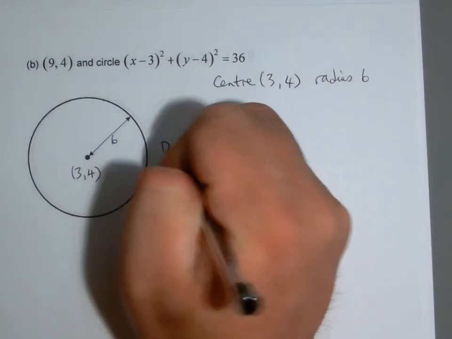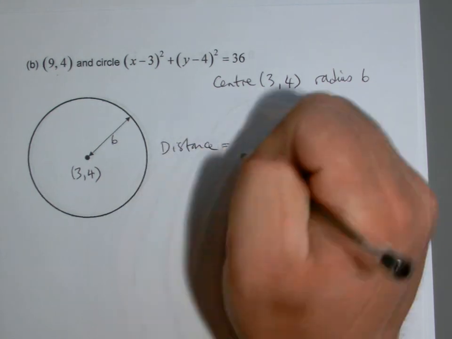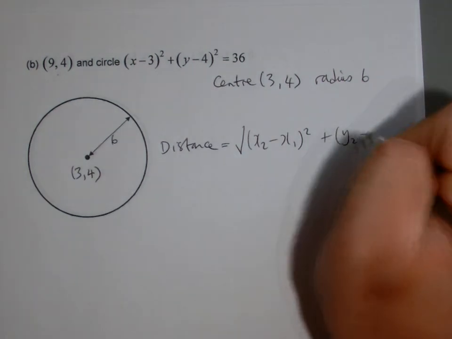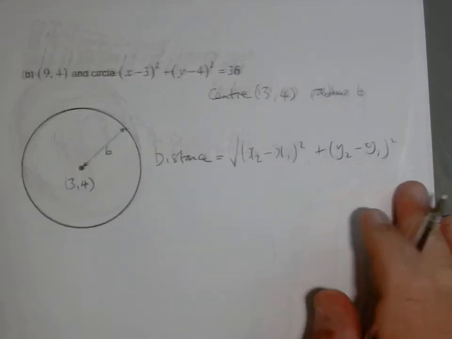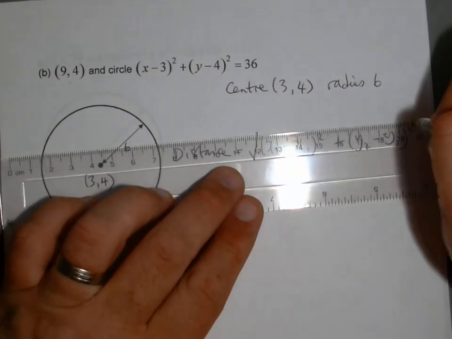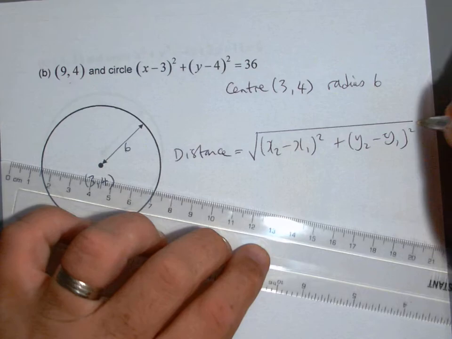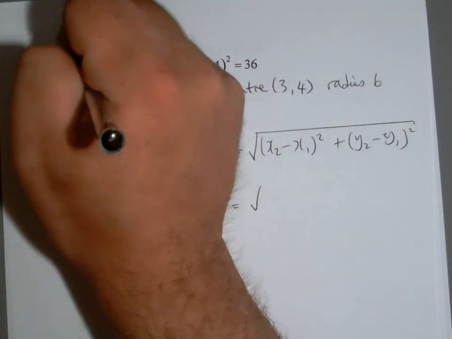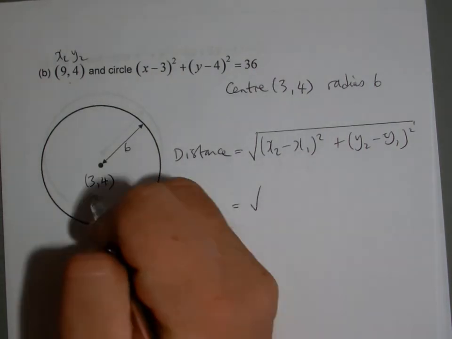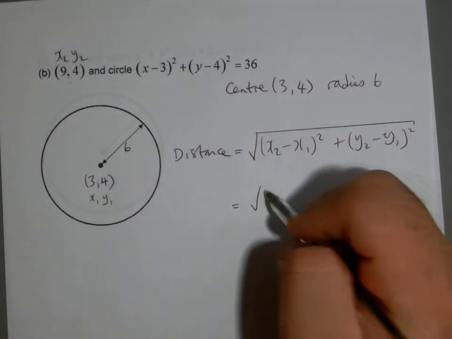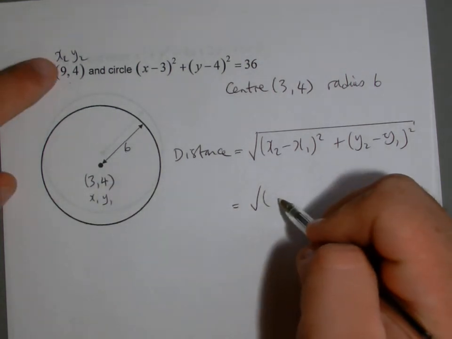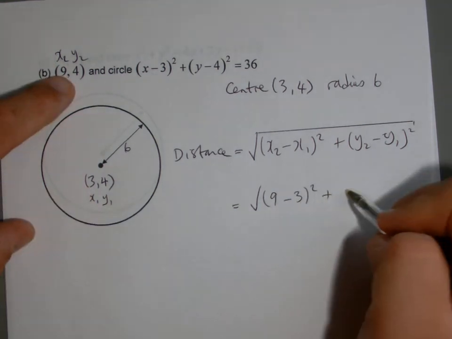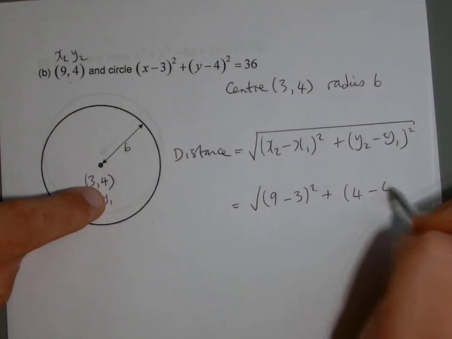So the distance: again, write that formula down. If I call this my x2, y2 and this my x1, y1, then it will be x2 there, 9 take away 3, all squared, and then 4 take away 4, all squared.